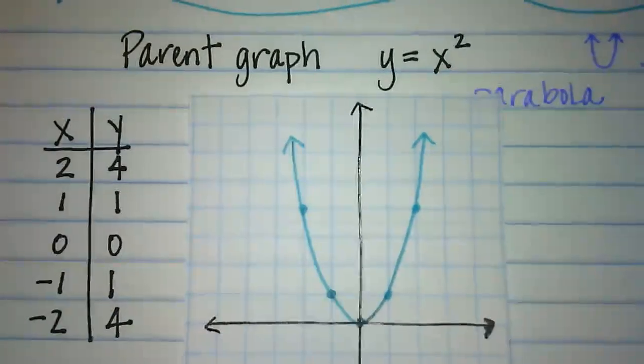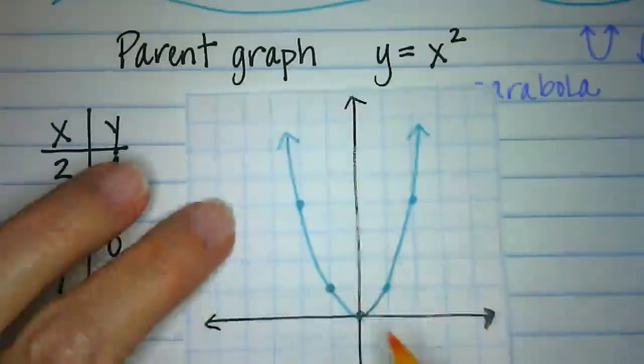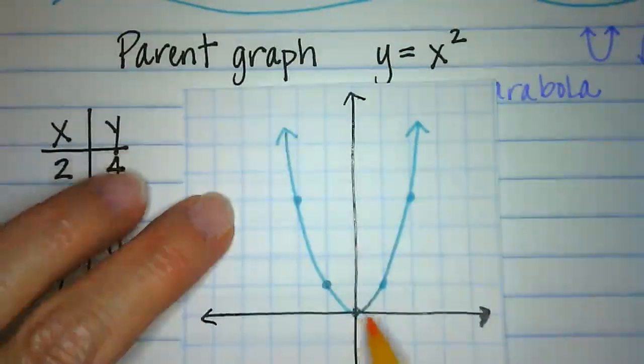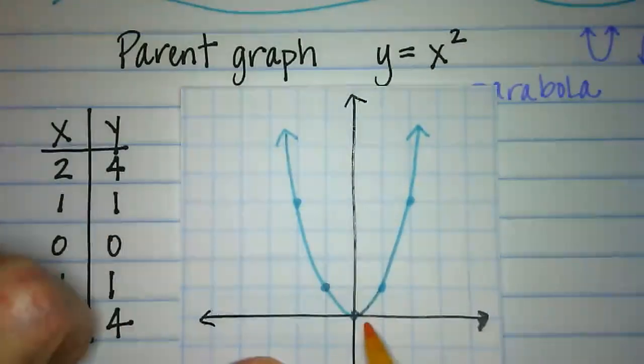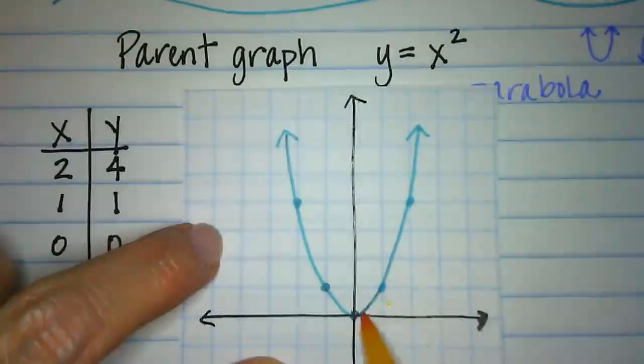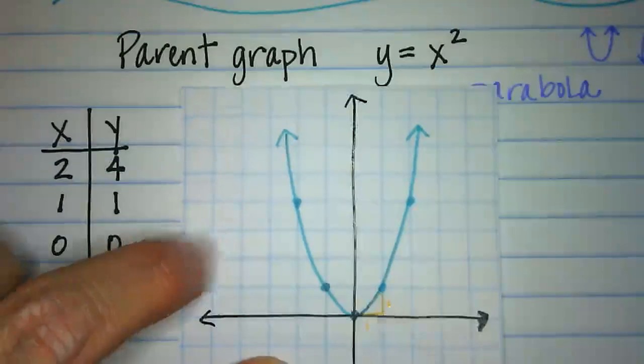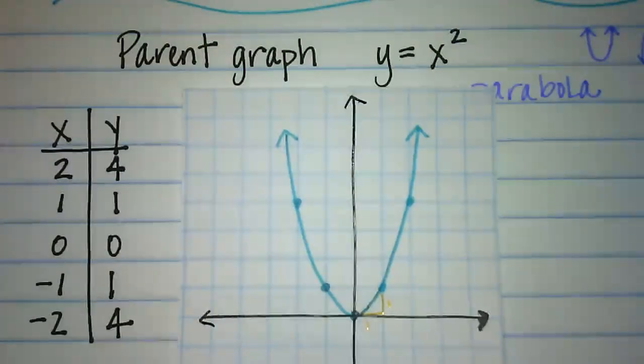What I want to show you is that the parabola follows what you would expect to happen when you square a number. So here our vertex is 0, 0. On the parent graph, it sits right at the origin. As we went over 1, we went up 1, because 1 squared is 1.